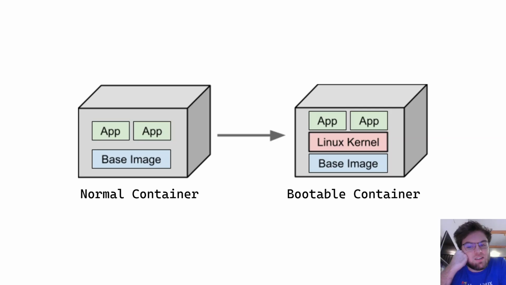A bootable container is an OCI image, so either a Podman container, a Docker container, some kind of container that's running in a Kubernetes cluster, and we just add a Linux kernel into that image, and then this container becomes bootable because it has a kernel in it.